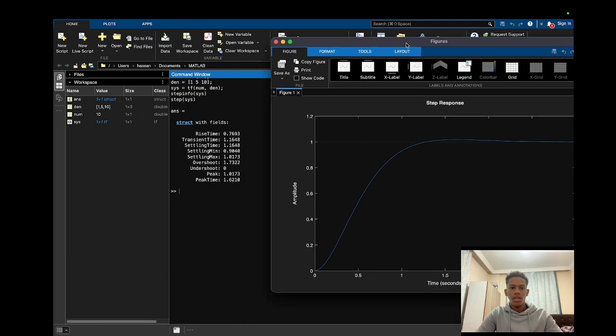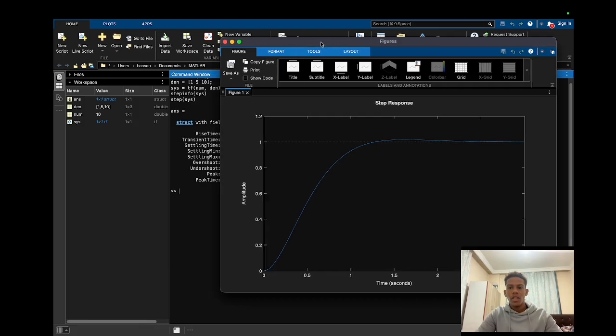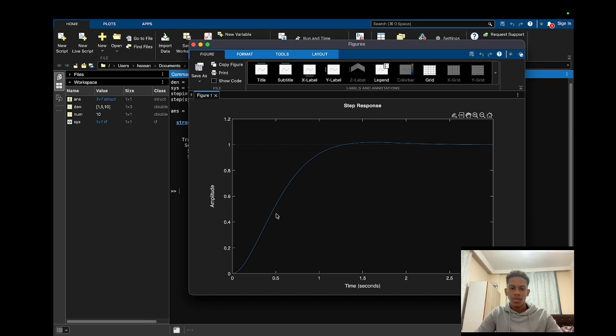So firstly, this is the rise time 0.7, transient time 1.1, settling time 1.16, settling minimum 0.9, and settling maximum 1.01, overshoot 1.7, undershoot equals 0, and the peak equals 1.01, and the peak time 1.6 seconds. And here is our step response.